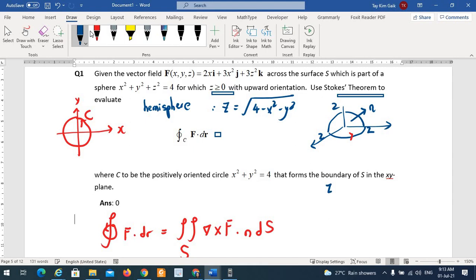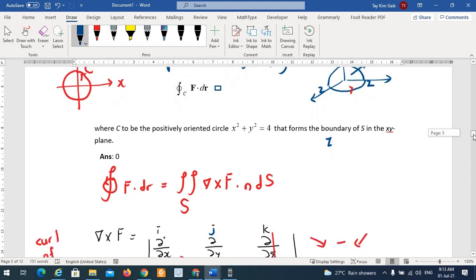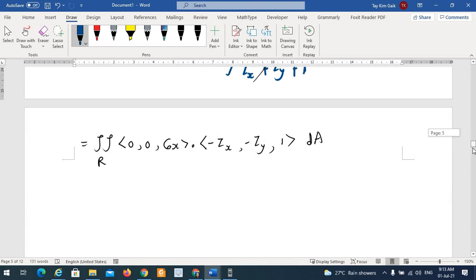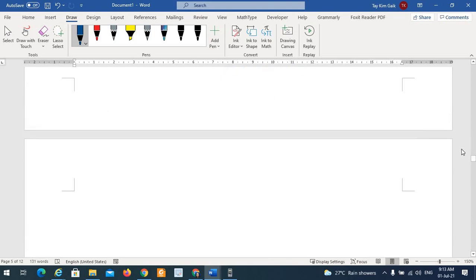You have z is actually square root of 4 minus x squared minus y squared. Your z is from the sphere, you get the hemisphere, which is square root of 4 minus x squared minus y squared.